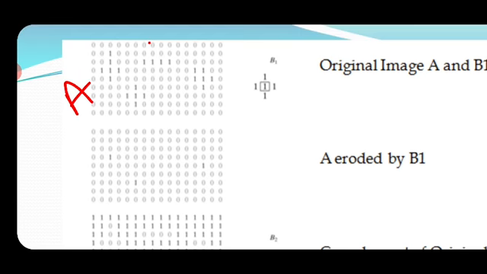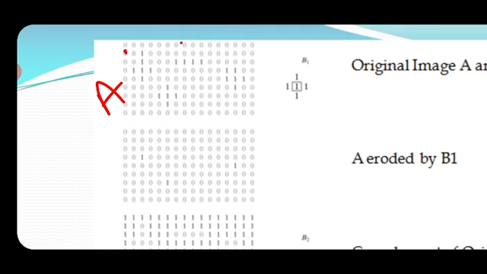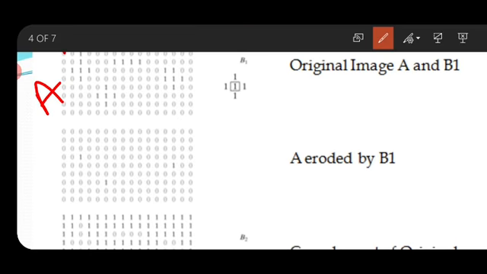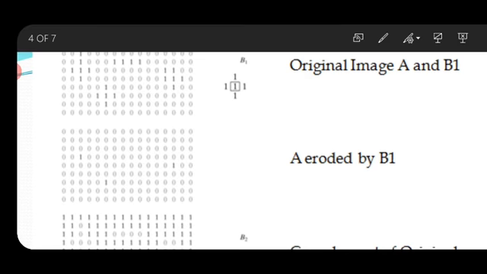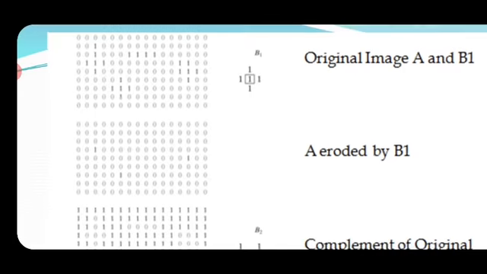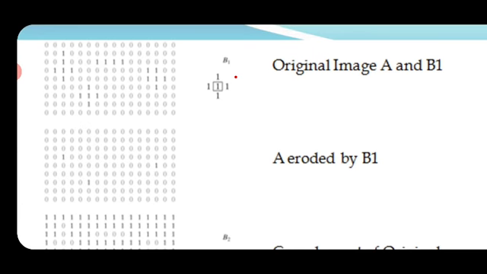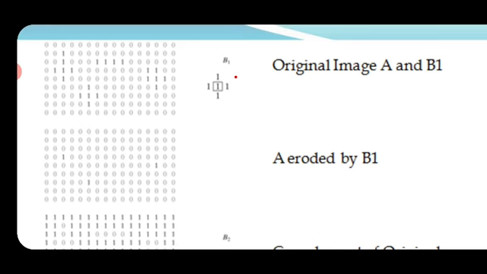When you keep it at the very first pixel, the leftmost corner pixel, you place the structuring element B1 on it. Then you check whether this leftmost portion is exactly matching with B1. If not, you have to make it a 0 here.